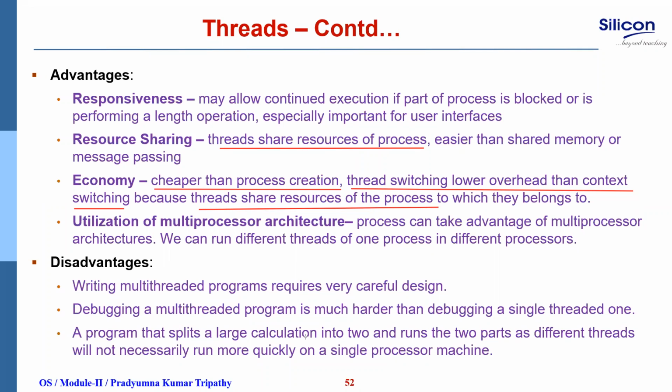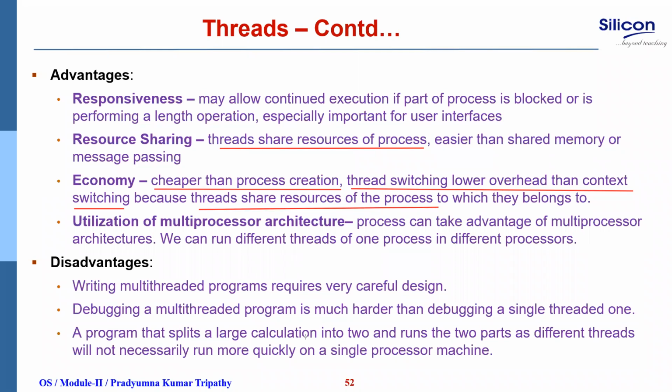A program that splits a large calculation into two and runs the two parts as different threads will not necessarily run more quickly on a single processor machine. Not necessarily will dividing the task always take less time as compared to doing it on one machine. If you have a very large task and you divide it among 10 processors and combine the results, it may sometimes be faster, but not always.